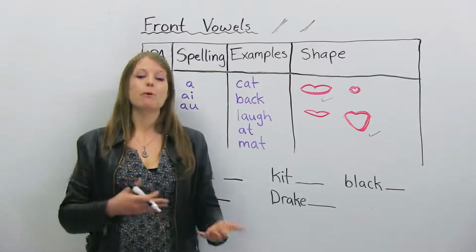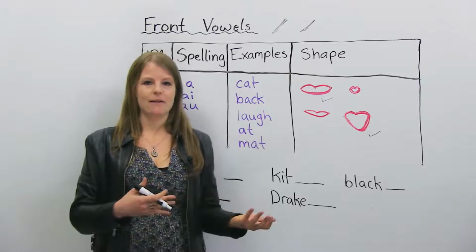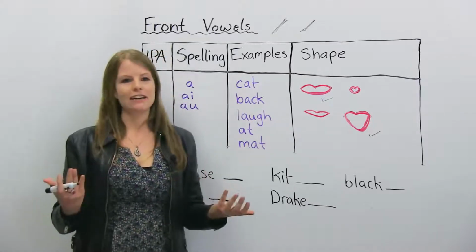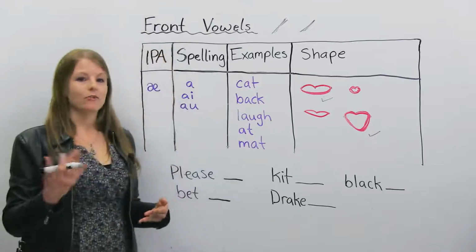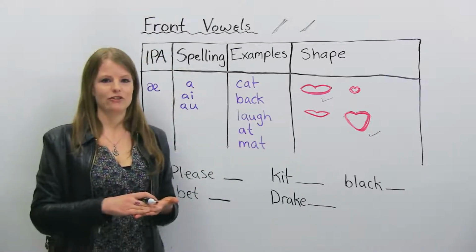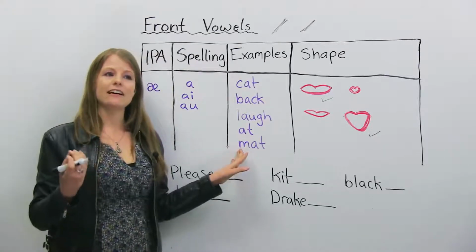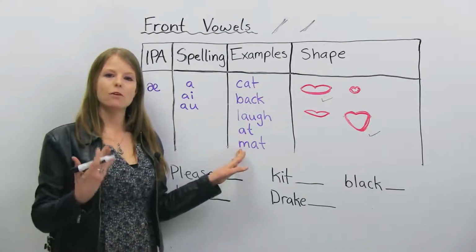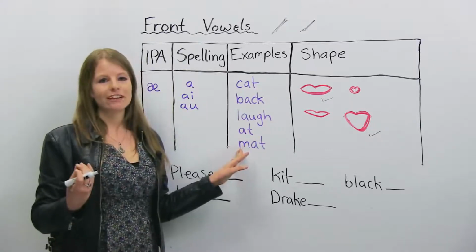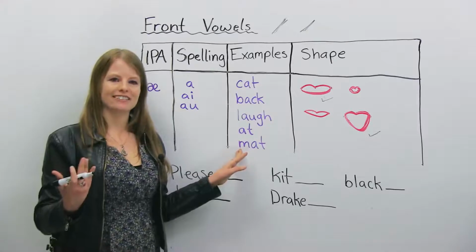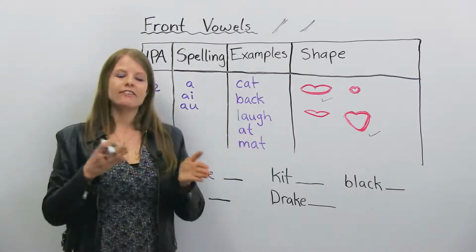Okay, so we've covered 5 different front vowels today. These vowels are found in both North American English and British English. So whatever English you're learning, you will find these vowels in both of them, or in many different dialects of English. Another thing I wanted to say is that it's very important to watch what you're doing with your mouth when you're practicing. So I really recommend getting a mirror and looking at what your mouth is doing, and doing the sounds side by side.